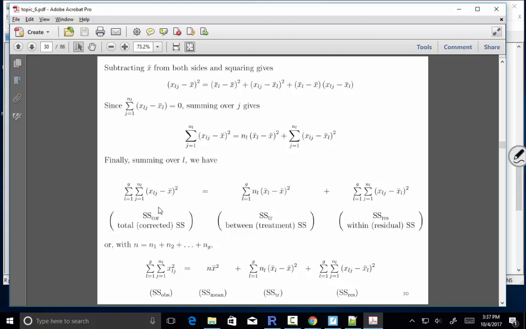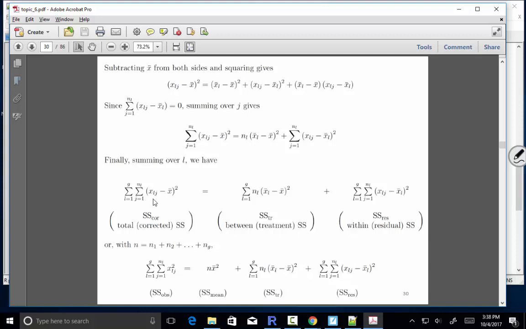We say that the sum of squares total, or also called corrected, equals the sum of a sum of squares for treatment and a sum of squares residual. Another way to say this that I think is a little more intuitive is the between group variability and the within group variability.